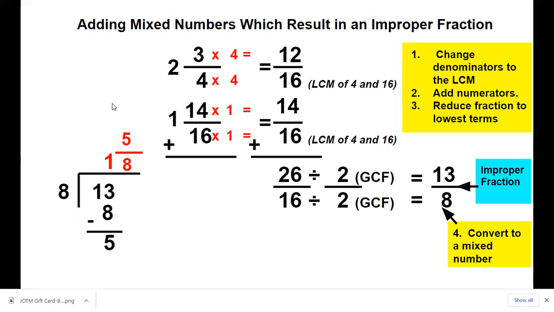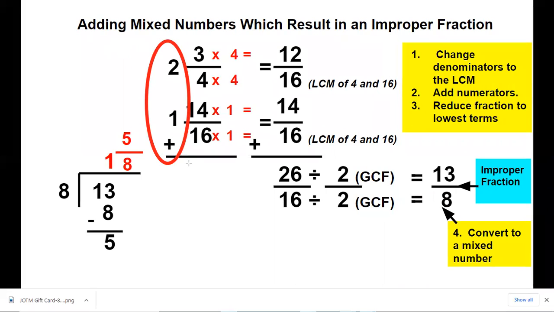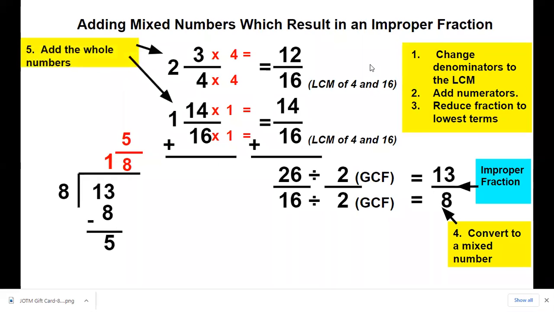We're not done yet. Why? Because we cannot forget about our whole numbers over here. And we have just made ourselves another whole number that has to be added with those two. So let's add the whole numbers. 2 plus 1 is 3.